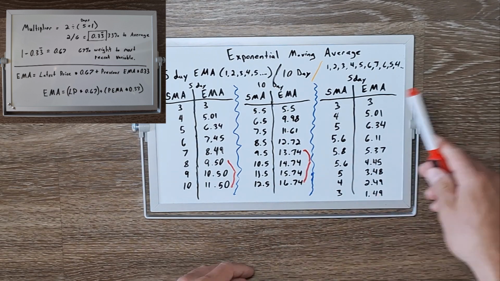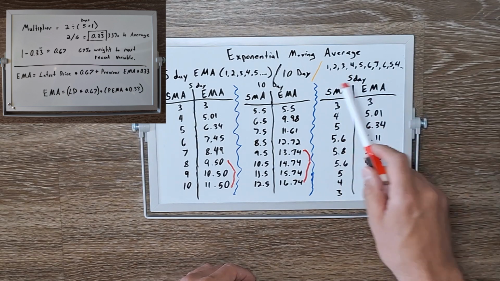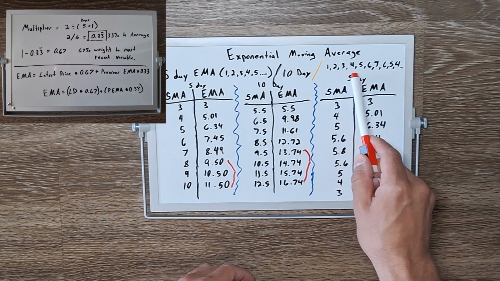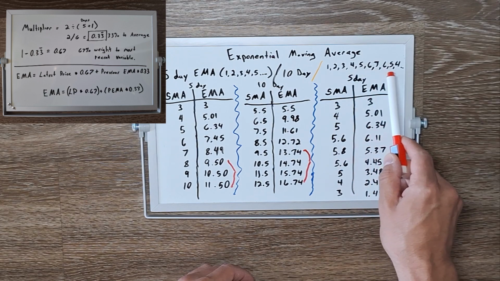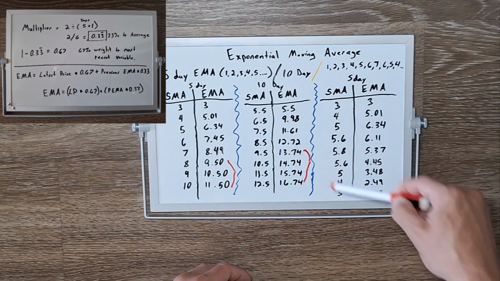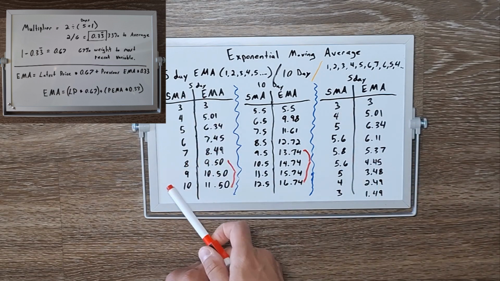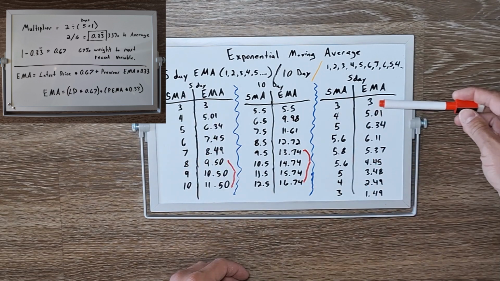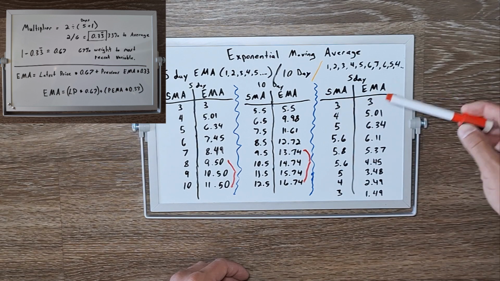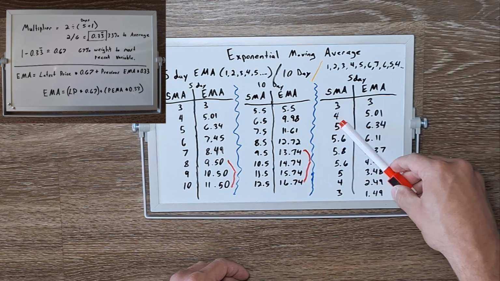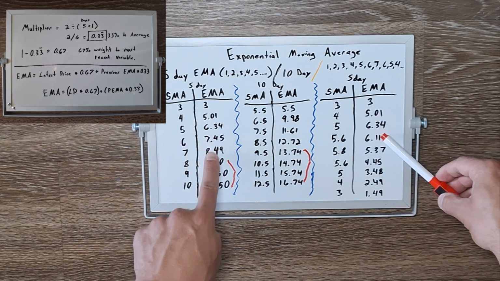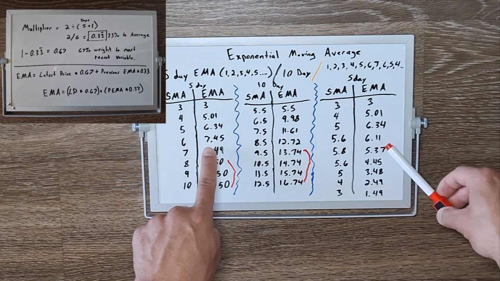Now, what happens if we use numbers that are increasing and declining? So we have 1, 2, 3, 4, 5, 6, 7, 6, 5, 4, 3, 2, 1. That's what we'll use to calculate this 5-day. So this is going to have the same equation as this, but watch what happens. Again, to simplify it, we're just going to use the simple moving average as the first exponential moving average value. So on the second data point, it's the same. The fifth data point, it's the same, but oh, well, look what happens here.